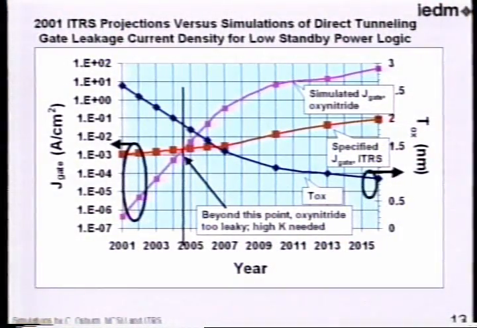And if you look at, say, an oxynitride, which is a pretty conventional type gate dielectric now, it is shown here. You can see that at a point right here, these will cross over, and it says that at this point, oxynitride is even too leaky. And this is where we'll drive into the need for some kind of alternate high K or higher K dielectric.